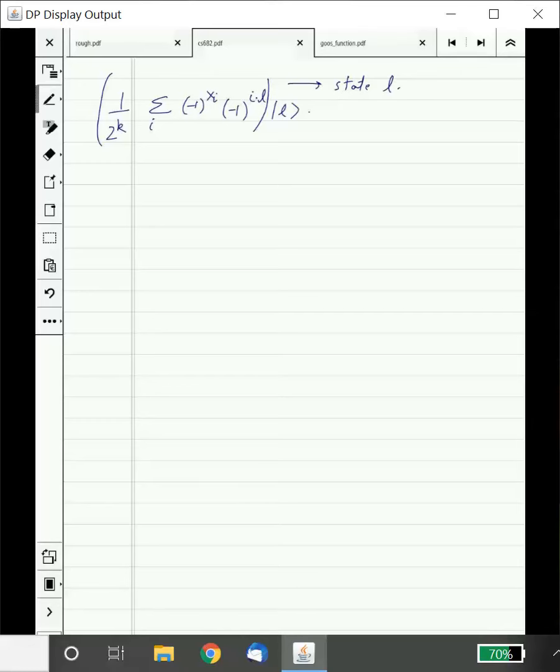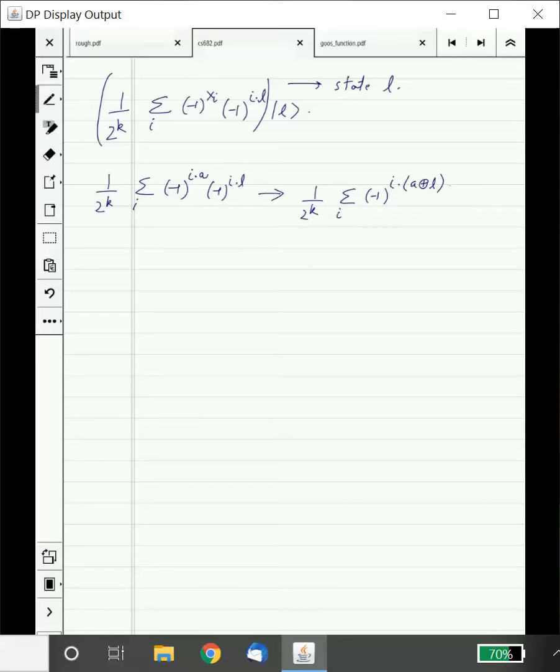Notice that xi is -1 to the power I dot A. This amplitude is 1 over 2 to the k, -1 to the power, and this is very simple.